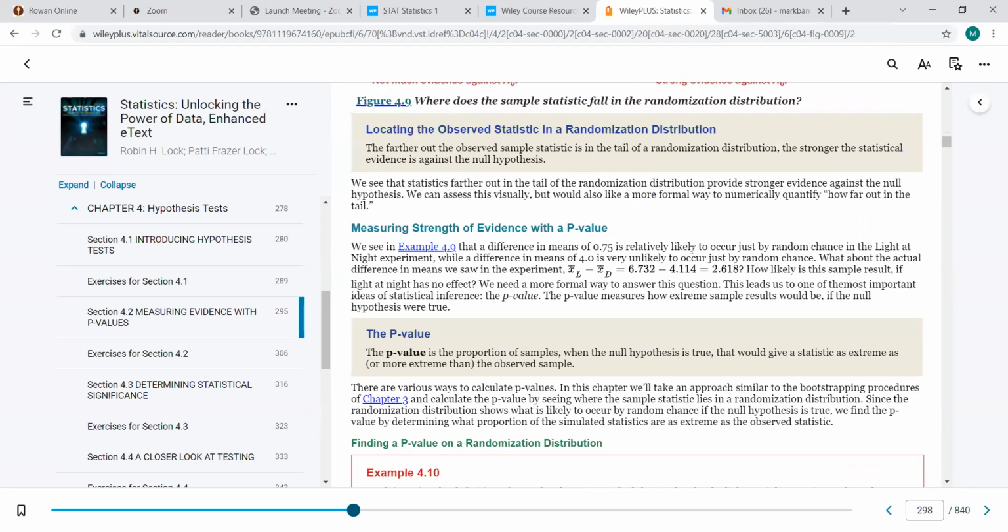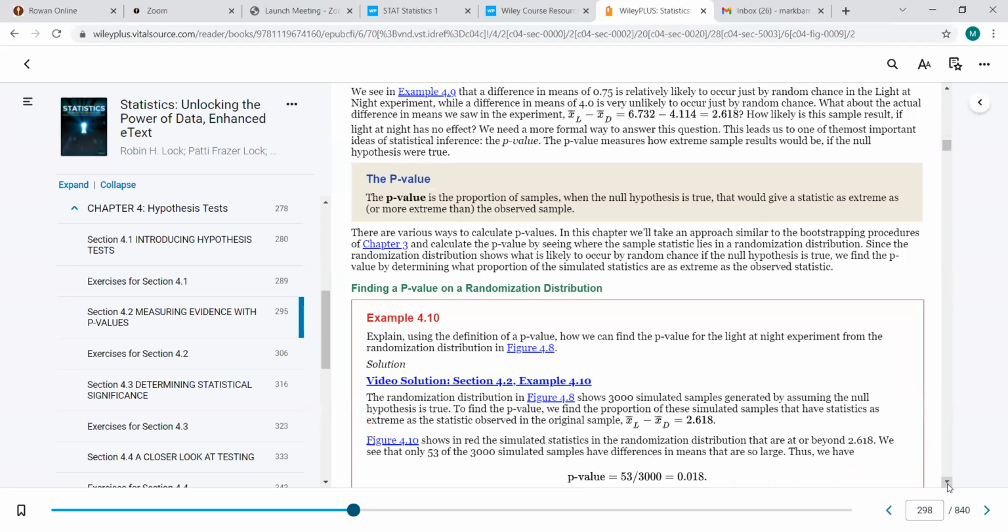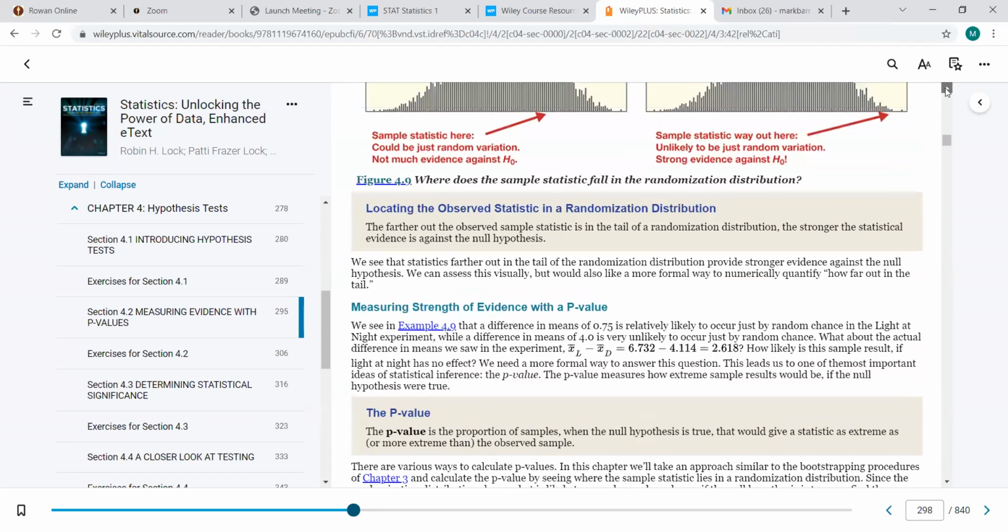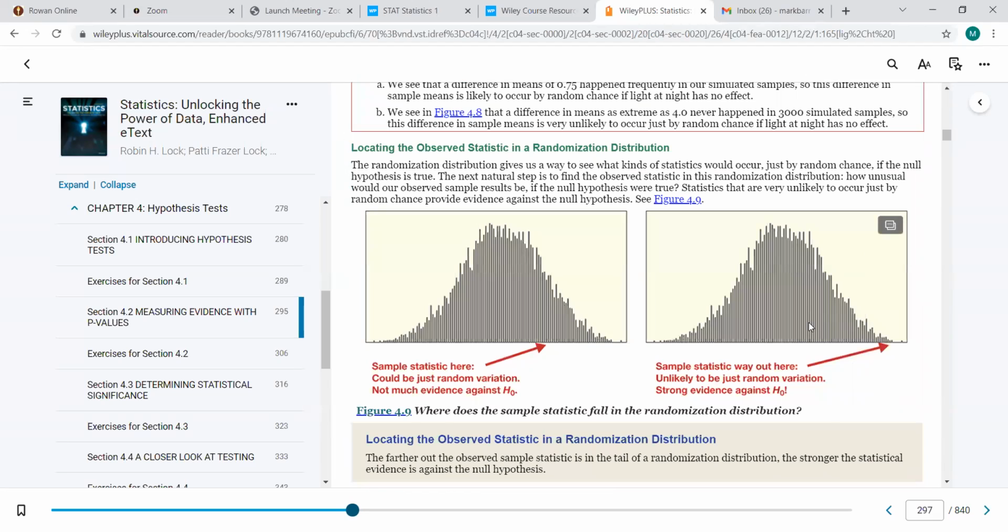Now, the question is, what is the p-value for that particular sample? So what would you do? Well, you create your randomization distribution, like we did before, and we would find 2.618 on that along the curve. So 2.618 would probably be down here somewhere, right? If this is 0.75 and this was 4, well, 2.618 is probably in between somewhere.